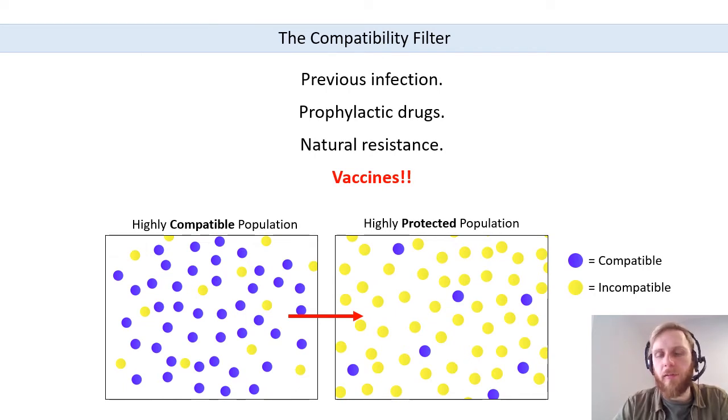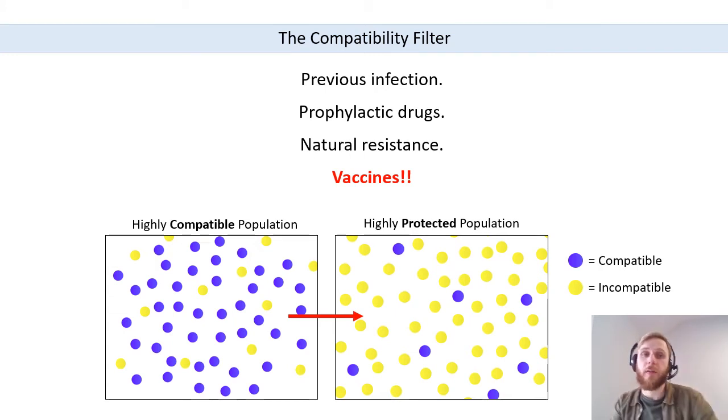Again, we don't necessarily expect that protection to be 100%, but we do expect it to be significant if it is a vaccine that is being widely used. And this is what we do see. Vaccines that we use tend to confer a significant degree of protection and play a massive role in making individuals within a population incompatible.